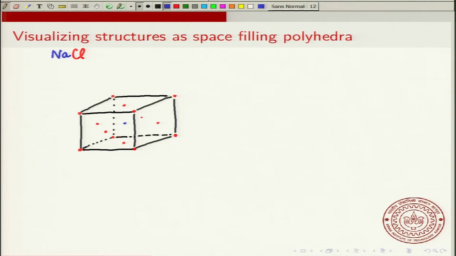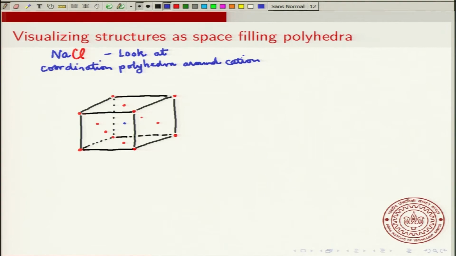So, in the idea of space filling octahedra, you look at coordination polyhedra around the cation. The focus is on the cation.